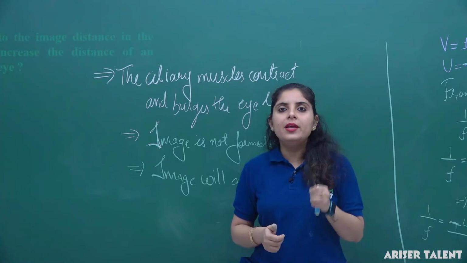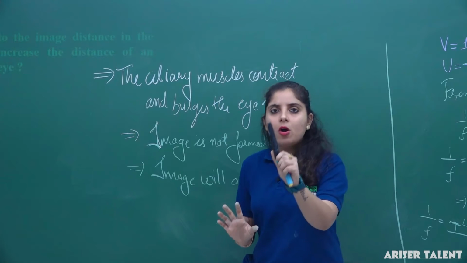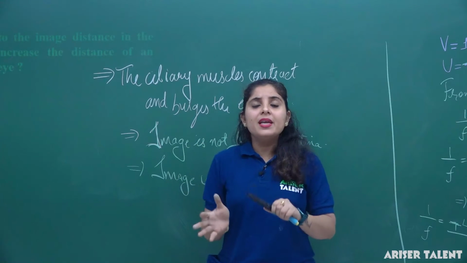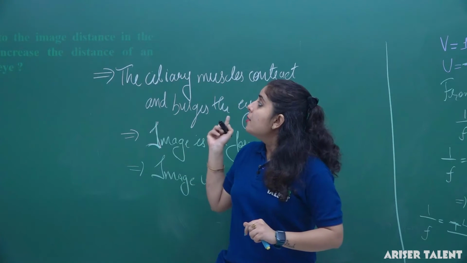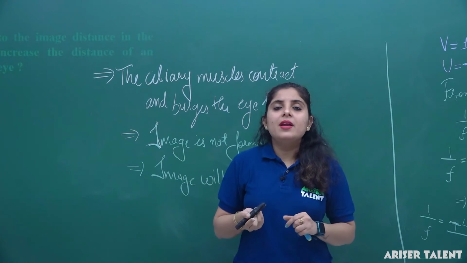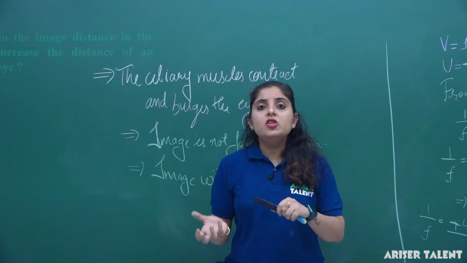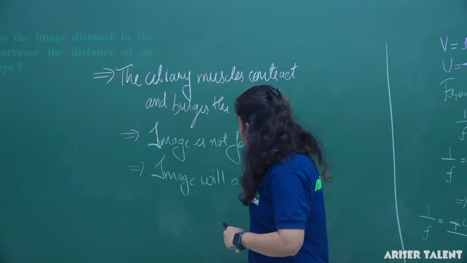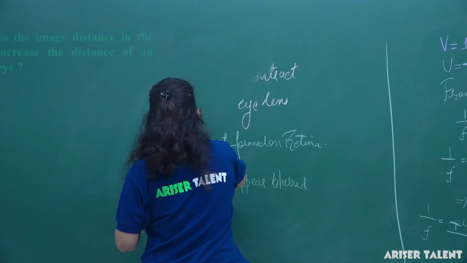Suppose I am holding this object at different positions in front of your eye, the image is going to form at different points on the retina. So image distance will not have any effect if you are changing the distance of the object, because the image is going to form only at different positions on the retina here. Okay, so let's write the answer of this problem.